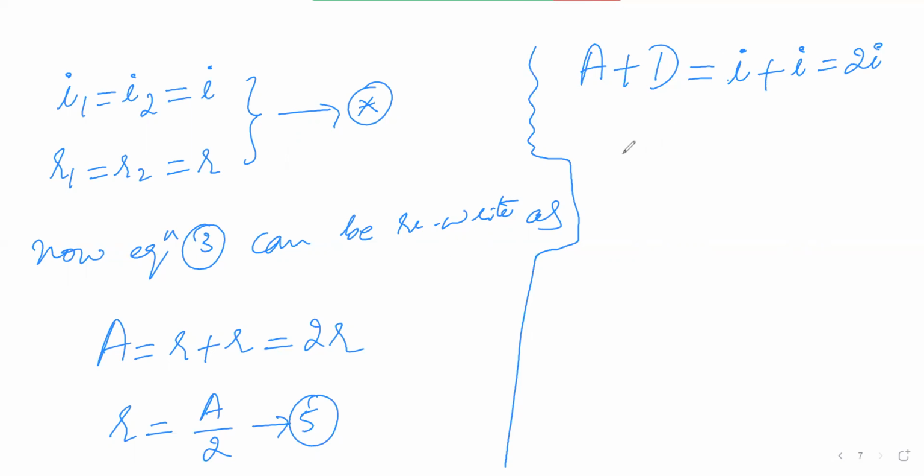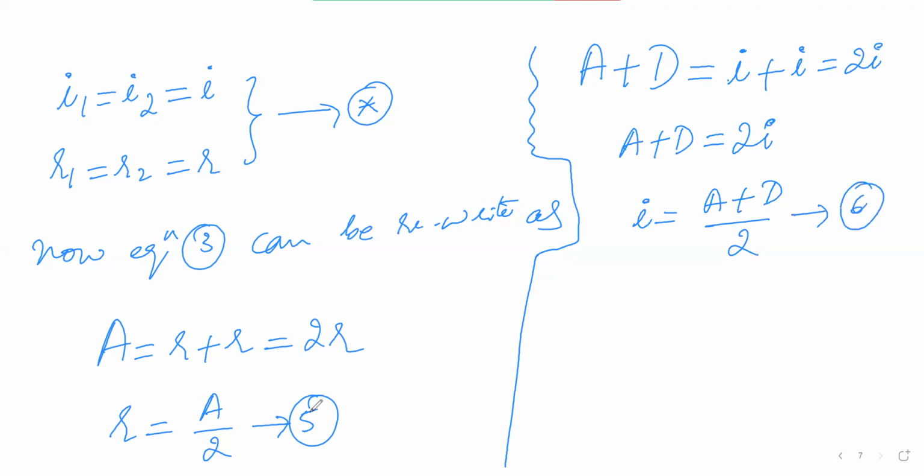So now what will happen here? A plus D equals 2I. Then I equals A plus D by 2. Is it clear? So I'll call it the sixth equation. Right?